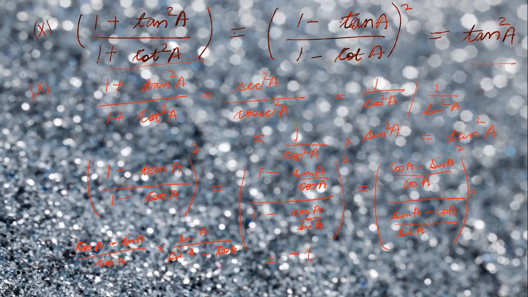So it will be sin A minus cos A. Yes, sin A upon cos A, it is tan A, and whole square is there. Okay, so downwards is also sin A minus cos A. So you can cancel this and it is minus tan A whole square, which will be your tan square A. So this is your right hand side. So in this way you can solve it.